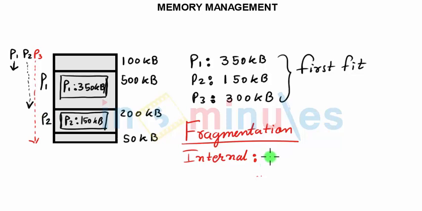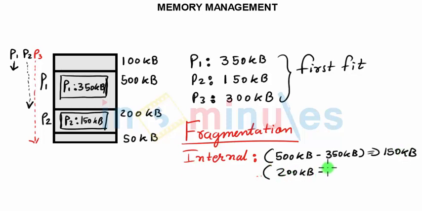With reference to this, we have a 500 KB block, out of which we have taken 350 KB, so internal fragmentation was 150 KB. Similarly, we have a 200 KB block which is taken by P2 with 150 KB, still giving 50 KB as internal fragmentation. So roughly, internal fragmentation is free space which is left even after placing a process in a needed memory block.